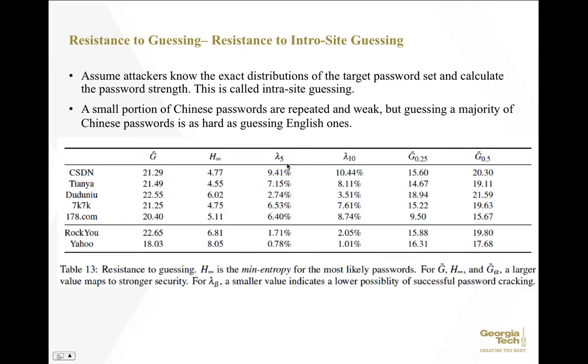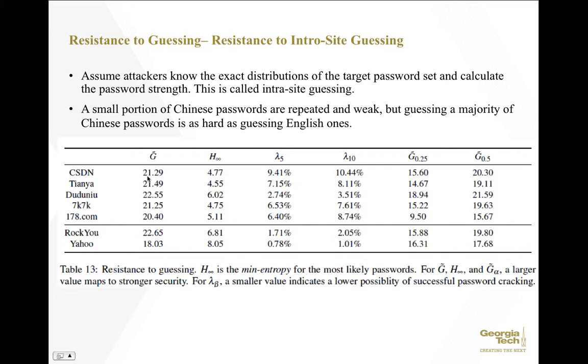So from this screen, we can see that for the G, H infinity, and G alpha, the larger value means a stronger security. And for the gamma, a smaller value indicates a stronger password.